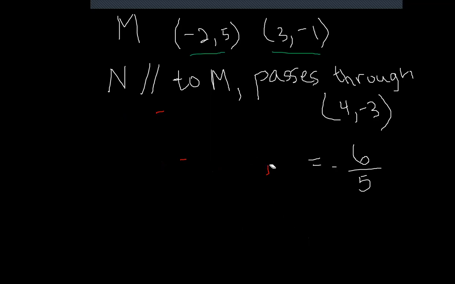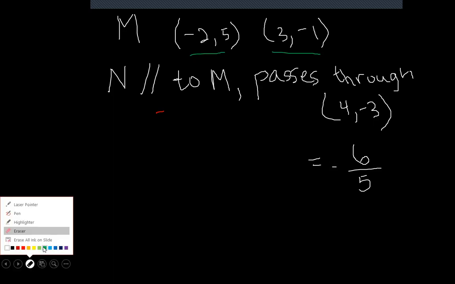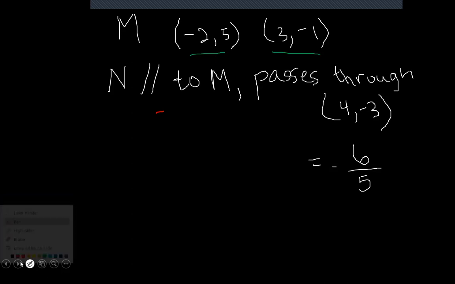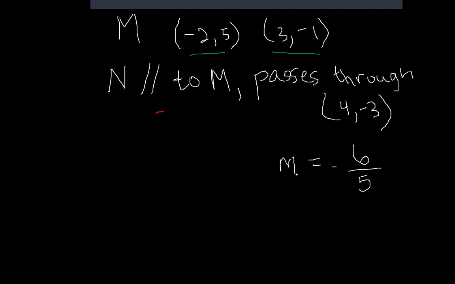Right. So now that I know m1 is minus 6 over 5, we know that m2 is also minus 6 over 5.